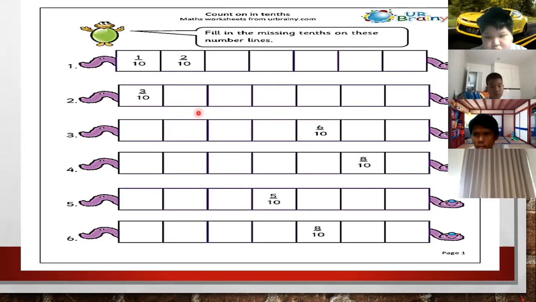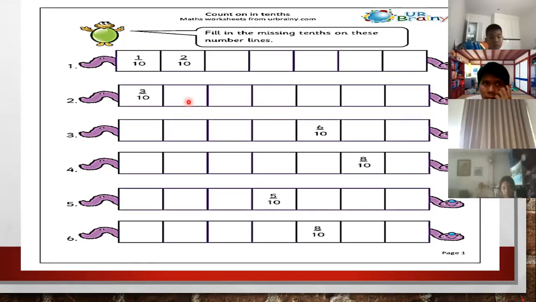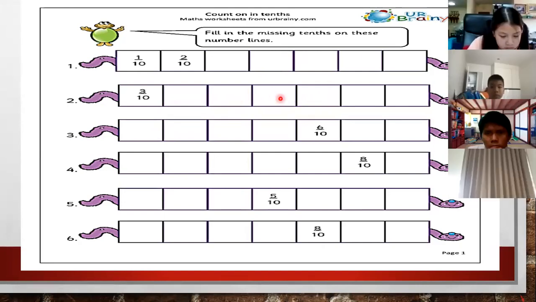What is your answer? 4 tens, 5 tens, 6 tens, 7 tens, 8 tens, 9 tens. Okay, very good. For number 2, you are going to write 4 tens, 5 tens, 6 tens, 7 tens, 8 tens, and 9 tens.